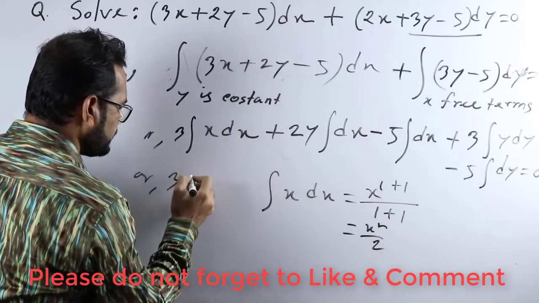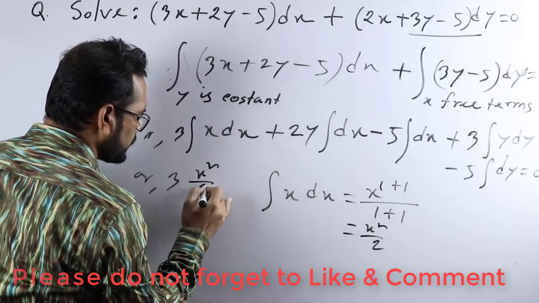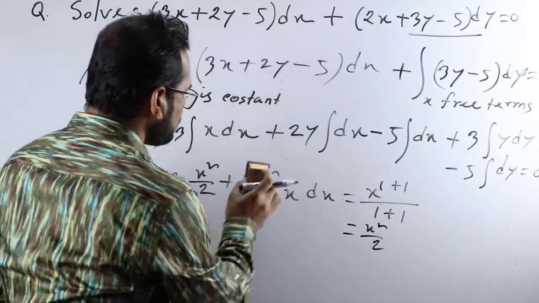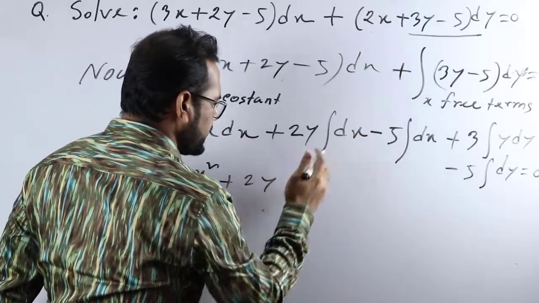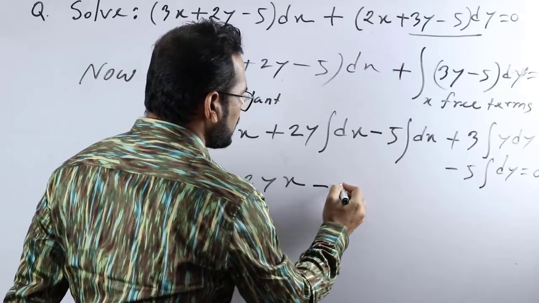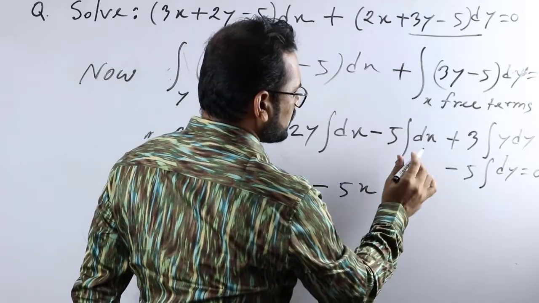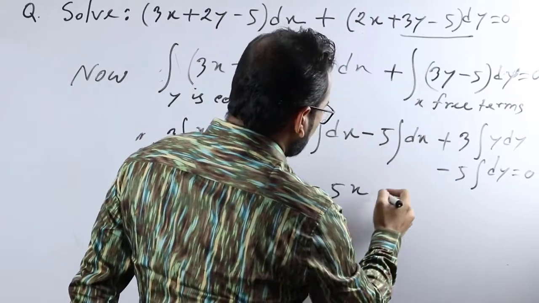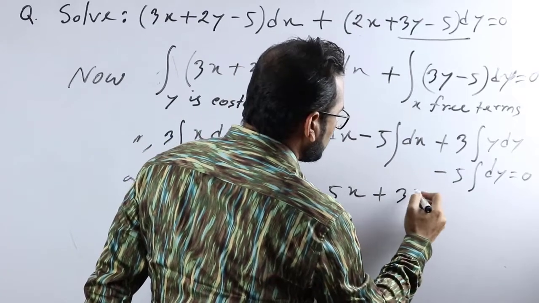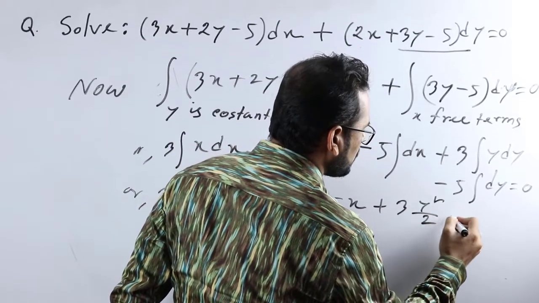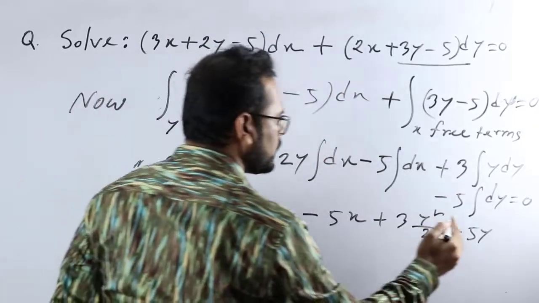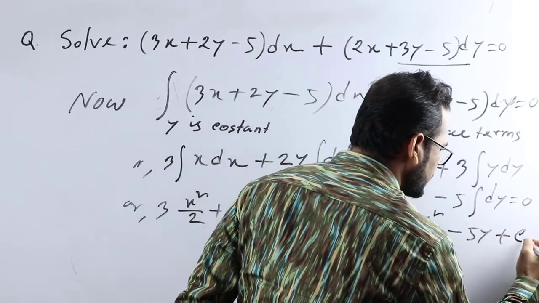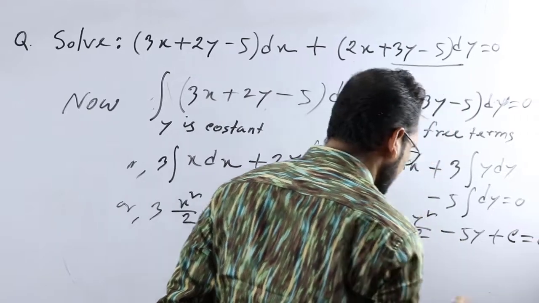Now we can write down here 3 times x squared divided by 2, plus 2y, the integration of dx is equal to x only, minus 5x here, plus 3y squared divided by 2 minus 5y. Since this is an indefinite integration, we have to put an integrating constant, here c.